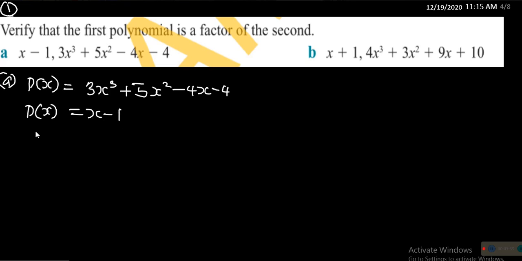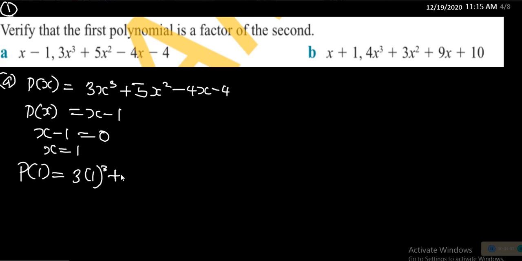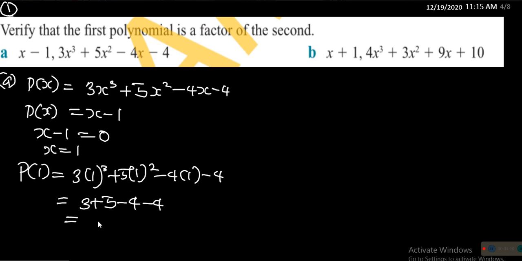And the divisor is x minus 1. Now if x minus 1 equals 0, you have x equals 1. Then p of 1 equals 3 times 1 raised to power 3 plus 5 times 1 squared minus 4 times 1 minus 4, which is 3 plus 5 minus 4 minus 4, which is 8 minus 8, which is 0.